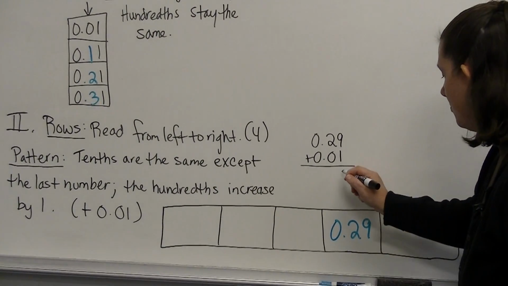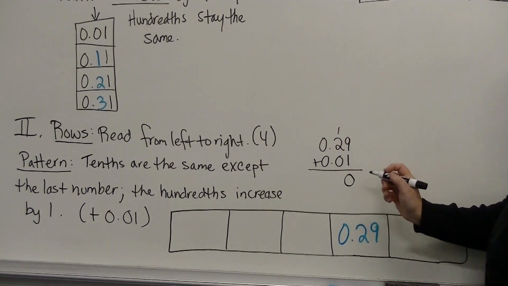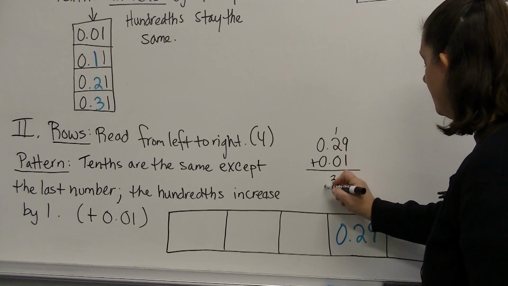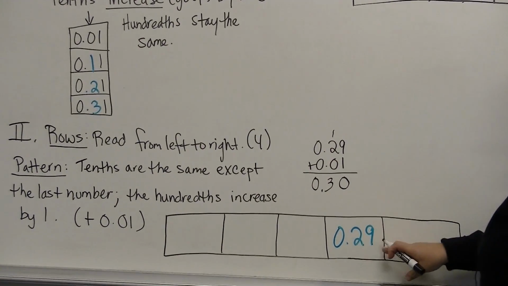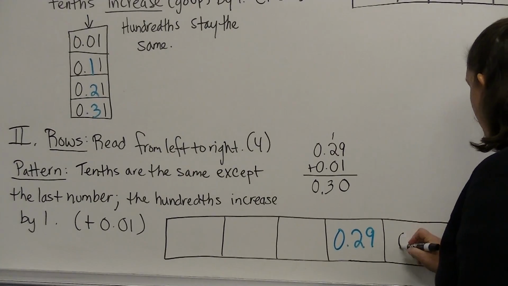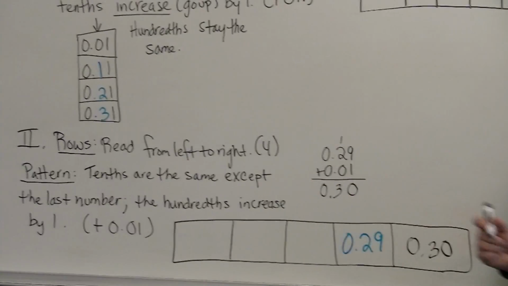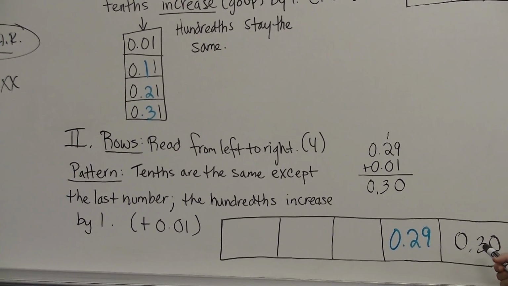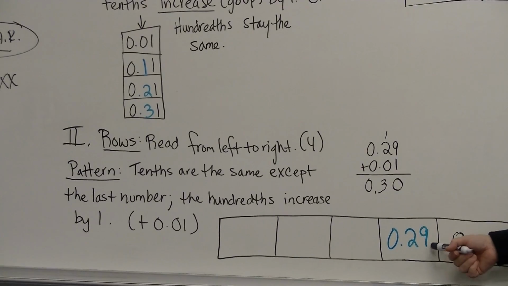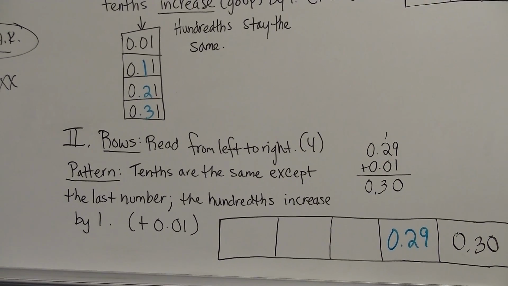Yes, 10. Good. So we put the 0 here and we regroup the 1. What is 2 plus 1? 3. Yes, good job. And 0 plus 0 is 0. So now here, after 29 hundredths, we're going to have 30 hundredths. And this is why in your notes it says that the tenths stayed the same except for the last number, because now you will notice that this number didn't stay the same. It went up because when you add 1, we go to 30 hundredths.